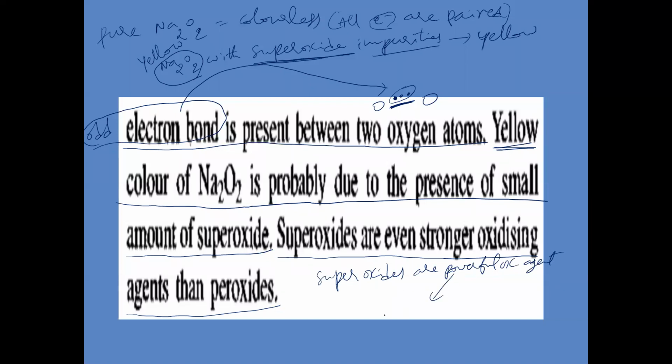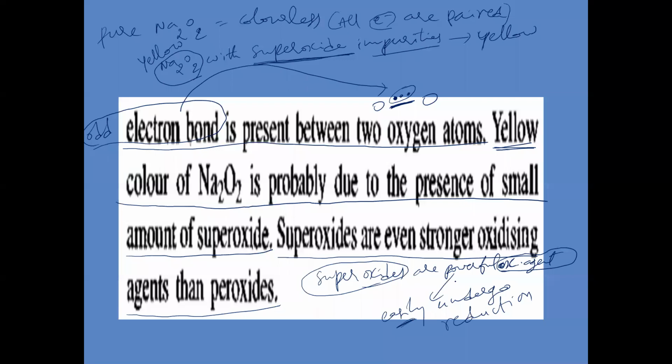Powerful oxidizing agents easily undergo reduction. They can easily undergo reduction. That's why they act as powerful oxidizing agents. Between superoxides and peroxides, which will undergo reduction easily? Superoxides will undergo reduction very easily.